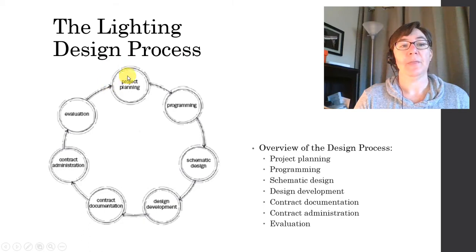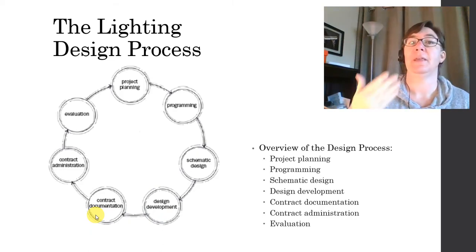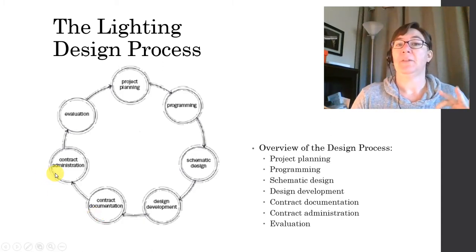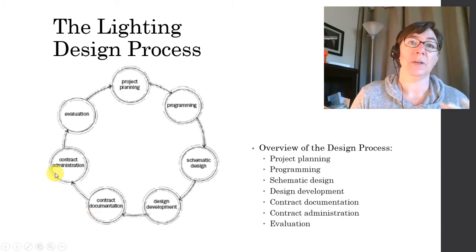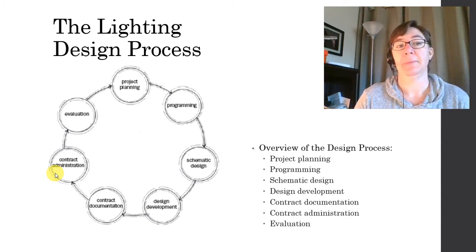So we start up here with project planning and programming. We move into schematic design, design development, contract documentation. Remember, the contract documents are the construction documents. Contract administration is where the project is being built and we're reviewing it as it's being built.